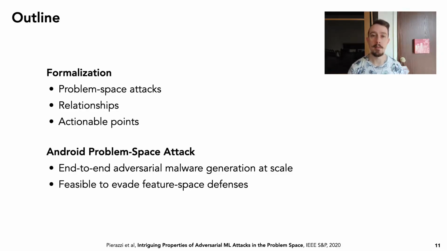With this, we can highlight relationships between the feature and problem space and derive some actionable points. Additionally, we propose a novel end-to-end adversarial malware generation approach for Android, which improves on limitations in prior work identified with our formalization. We also demonstrate that it's feasible to evade feature space defenses in the problem space at scale.